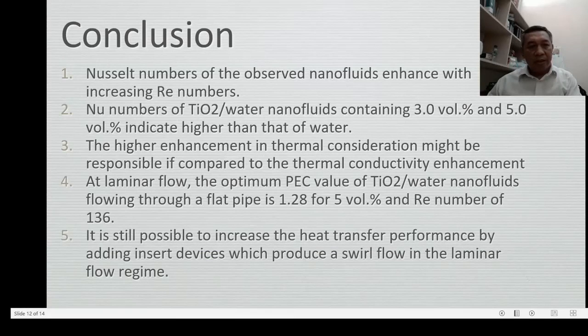And the last conclusion of our numerical research is that it is still possible to increase the heat transfer performance by adding insert devices which produce a swirl flow in the laminar flow regime.